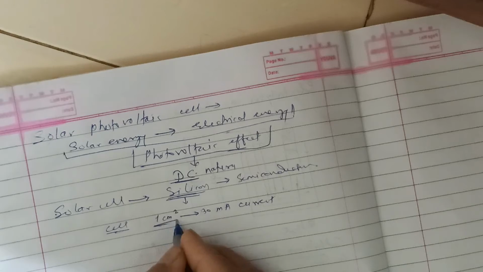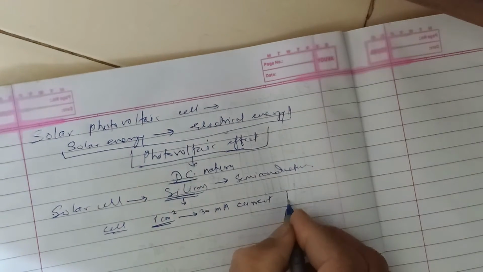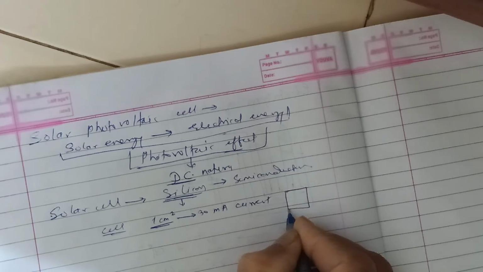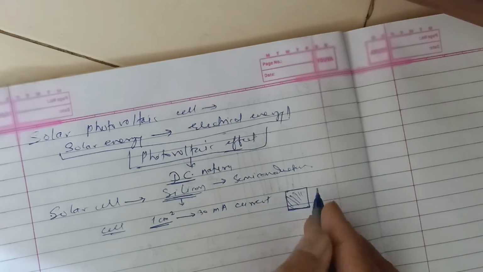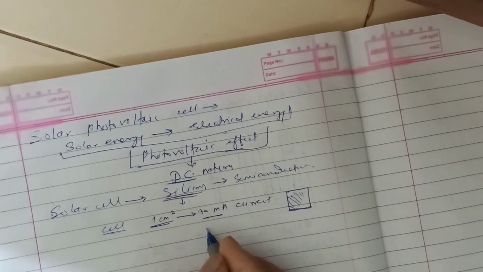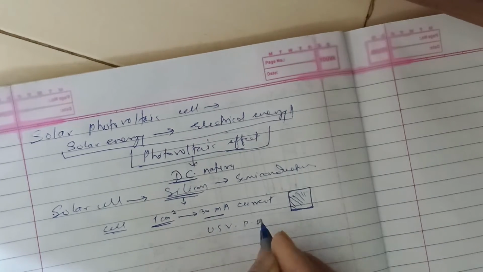The silicon cell area is 1 centimeter square. That piece of silicon of 1 centimeter square area will produce 30 milliampere electric current, and it produces 0.5 volt potential difference.